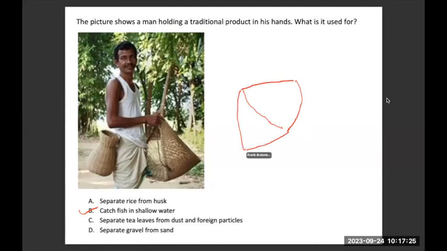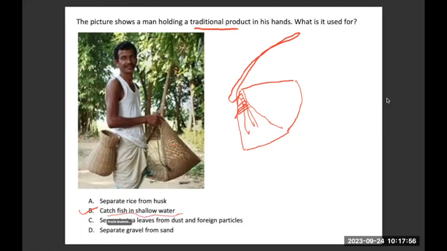In shallow waters, the instrument is kept, and the water will all flow out of the netted pores which you see here, and only the fish will remain inside. So this is a traditional product made using cane or weave, and it is used for catching fish in shallow waters.